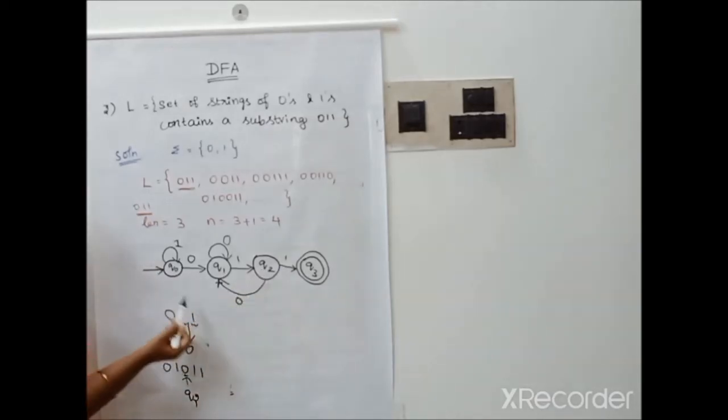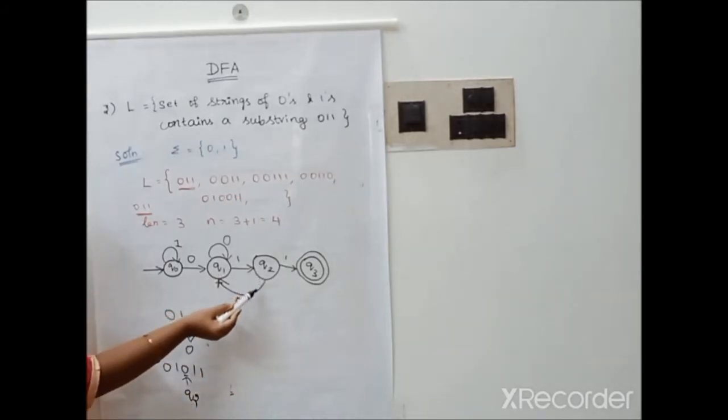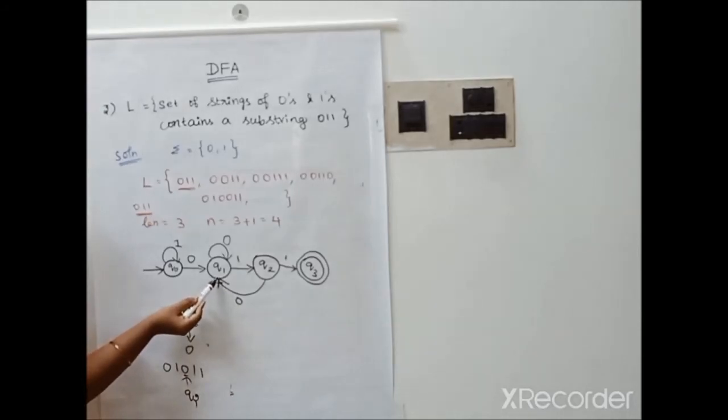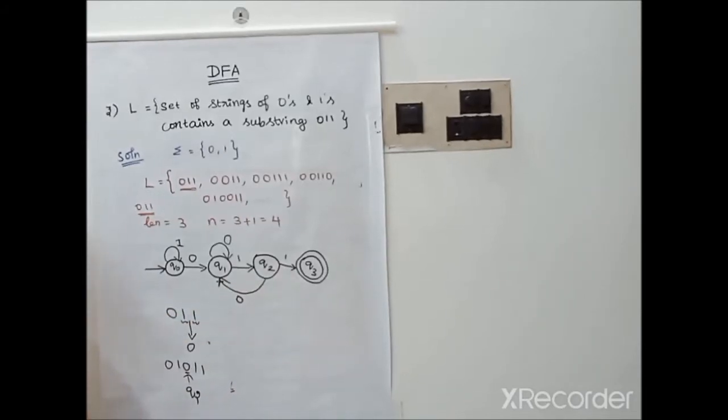If it goes to Q0, it must again reach Q0 by reading 0, and only then does it change state. But if it moves from Q2 to Q1, then it reads 1 and changes to Q2, and again reads 1 and changes to Q3. So in this way you need to check, right? Therefore from Q2 you have transitions for both input symbols 0 and 1.